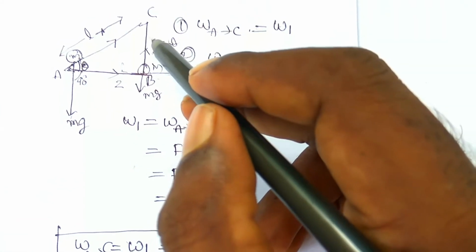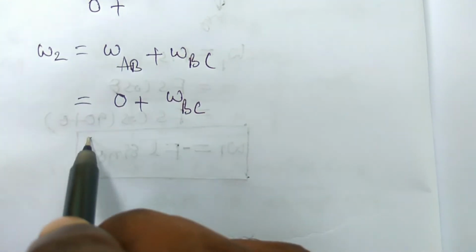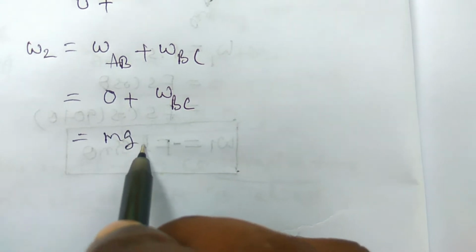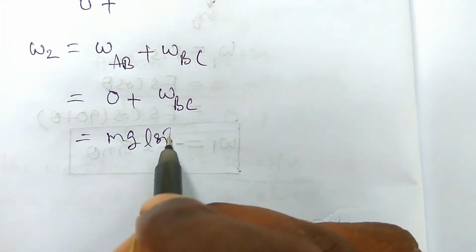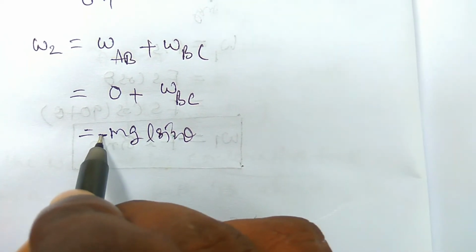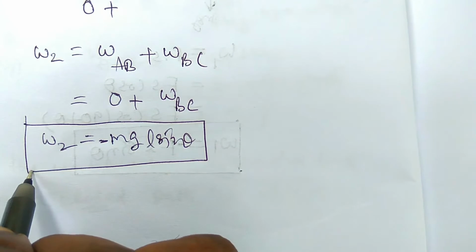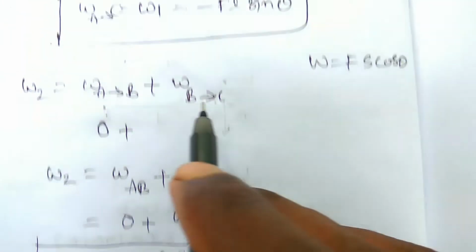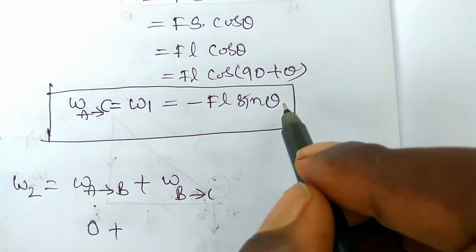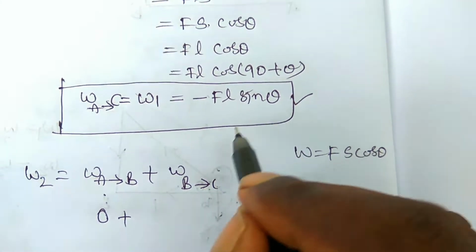These are in opposite directions, hence W is equal to Fs, nothing but mg into L sin theta. Since they are in opposite directions, W2 is equal to minus mgL sin theta. So due to the second path, the work done is minus mgL sin theta. Due to the first path, it is FL sin theta, which is also minus mgL sin theta, right?